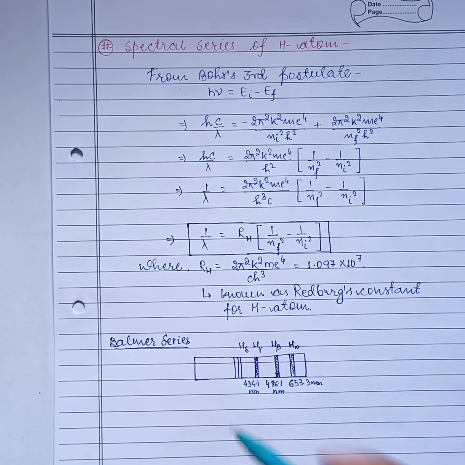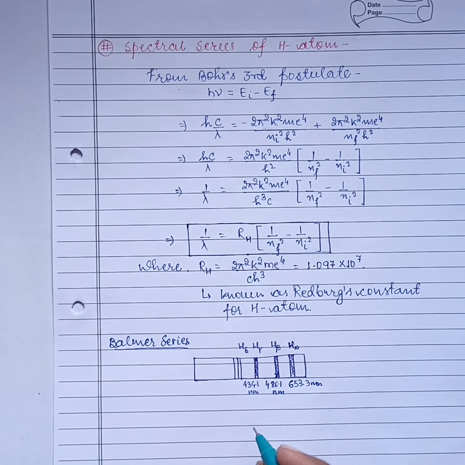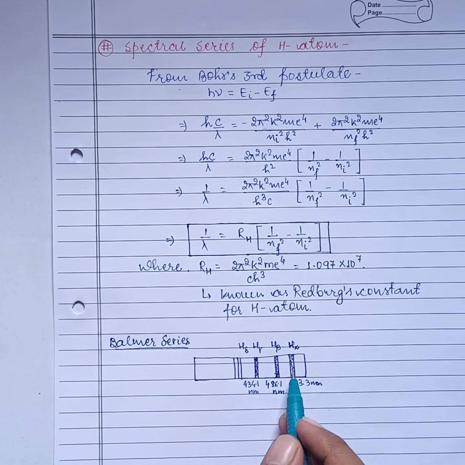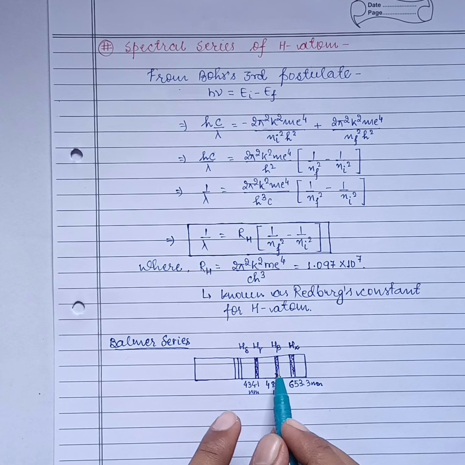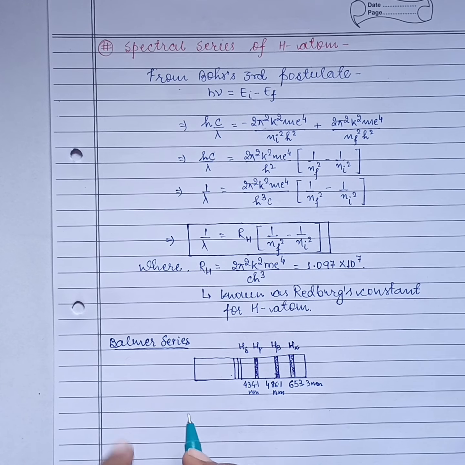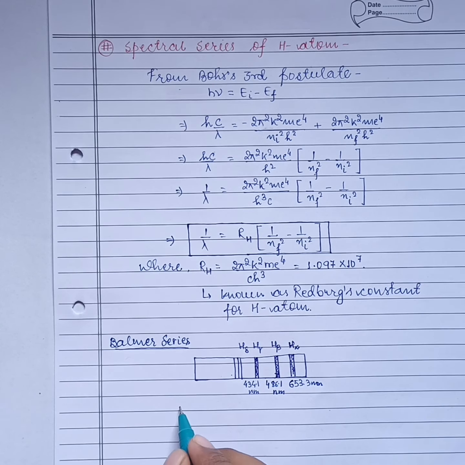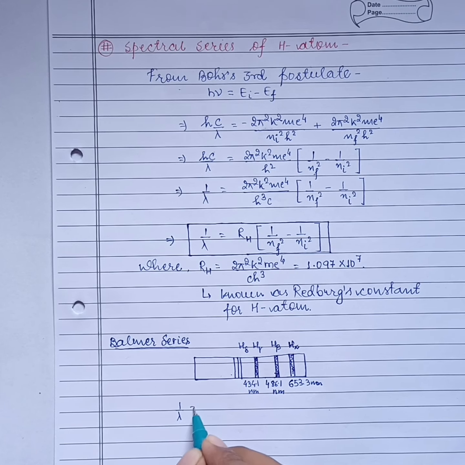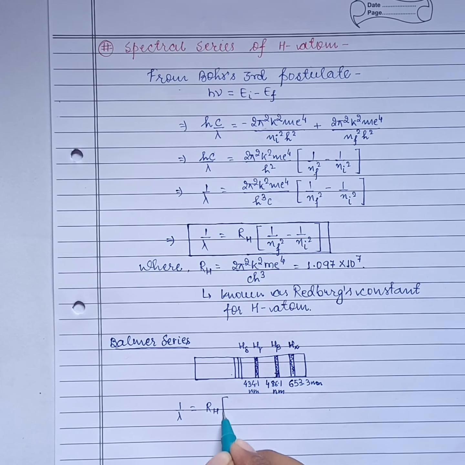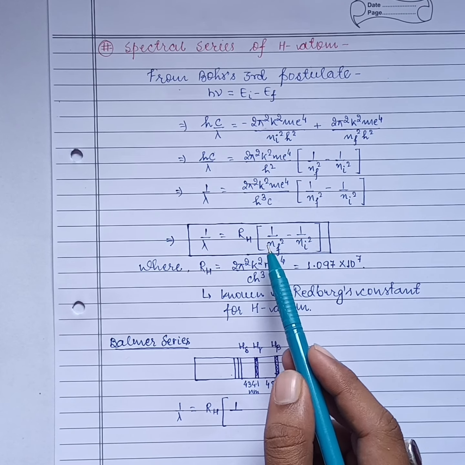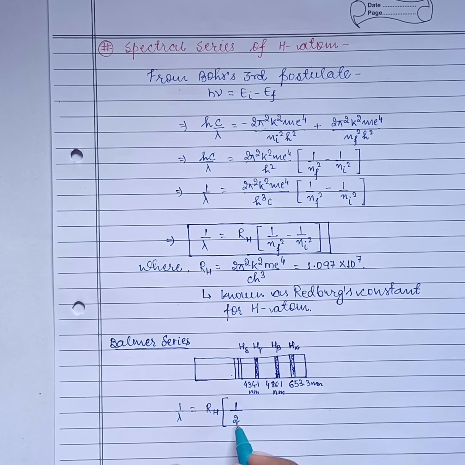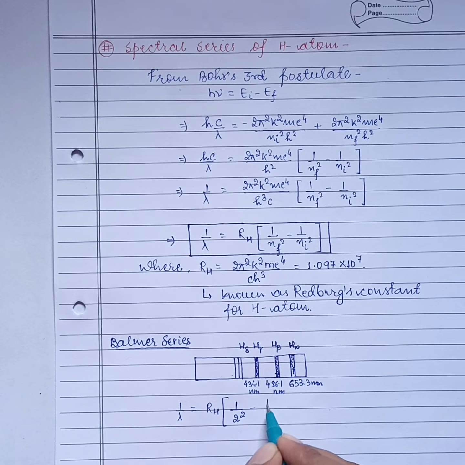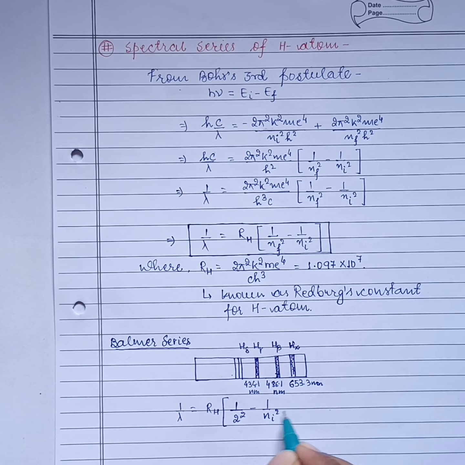From the hydrogen atom alone, we were getting so many different wavelengths. He found that in this formula, 1 upon lambda is equal to RH, when he put n final as 2, that is 1 upon 2 square minus 1 upon n initial square.